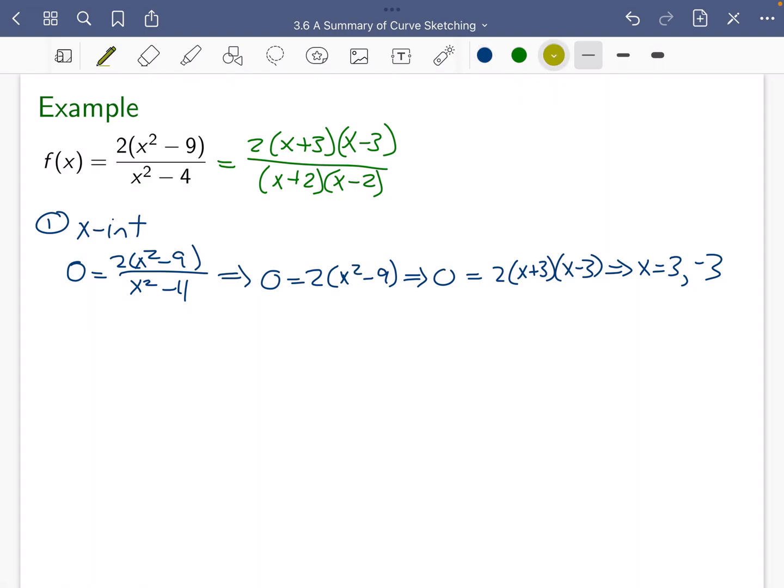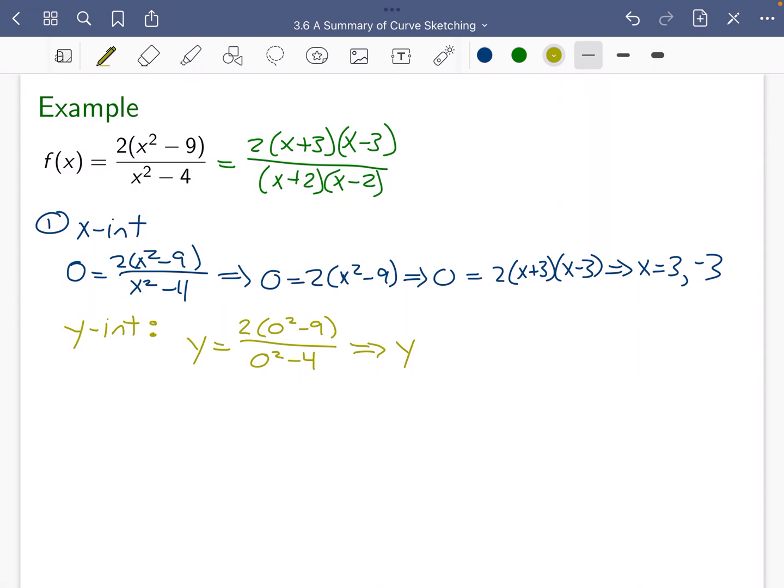We will also identify any y-intercepts. So for the y-intercepts, we find those by plugging in 0 for the x. And so y is equal to 2 times 0 squared minus 9 over 0 squared minus 4.